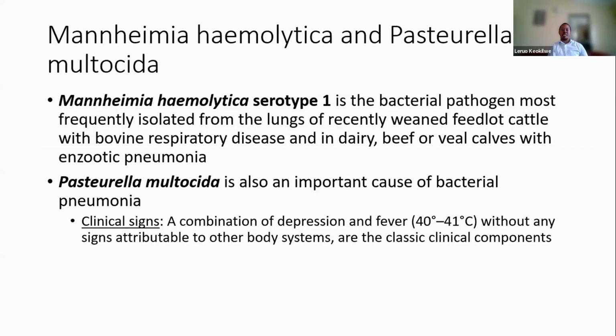Okay, Mannheimia hemolytica serotype 1 is the bacterial pathogen which is frequently isolated from the lungs and is seen in young weaned feedlot animals. It's usually associated with stress and causes respiratory disease. And Pasteurella multocida is another important bacterial cause. The clinical signs that will be seen are a combination of depression and fever, and general respiratory signs.